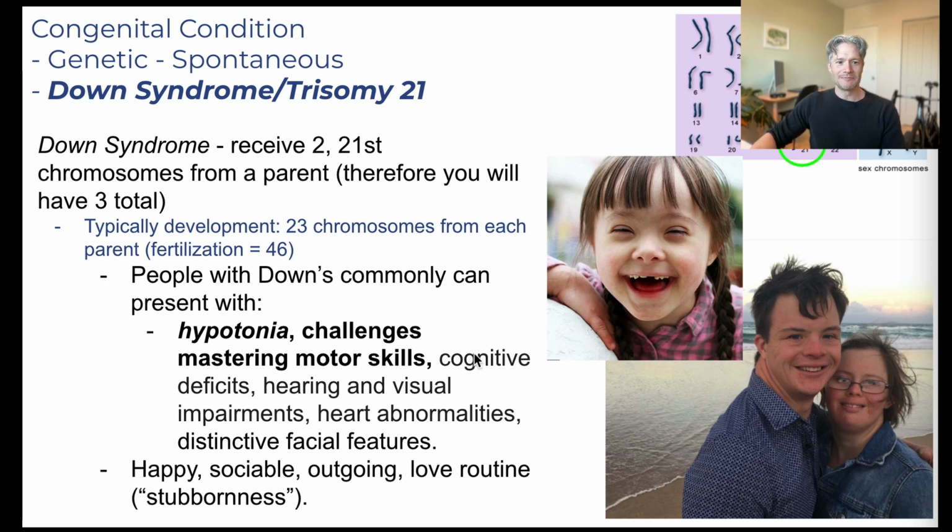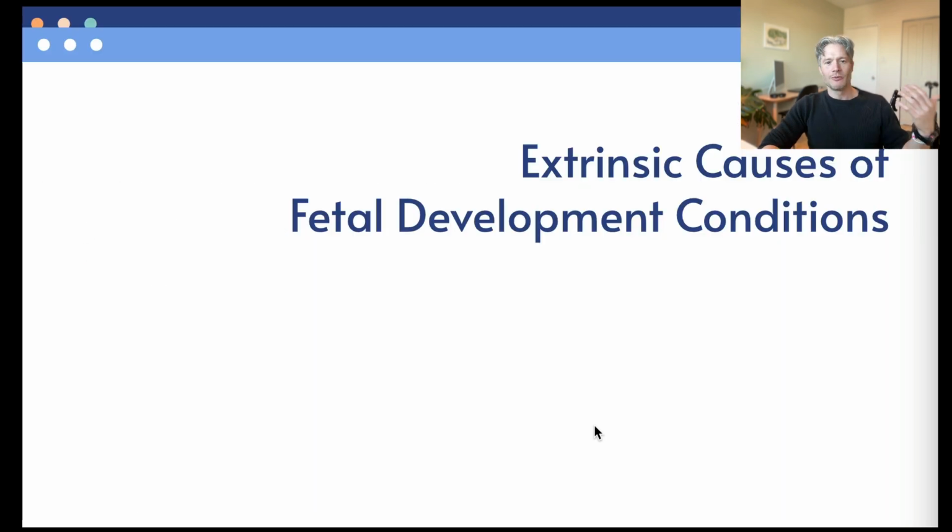Okay. So that's all these intrinsic factors genetically that can happen. We, of course, have extrinsic factors. And how do things outside, let's say the mother, and outside the fetus actually get to affect the fetus? Because, again, we're in this amniotic fluid.